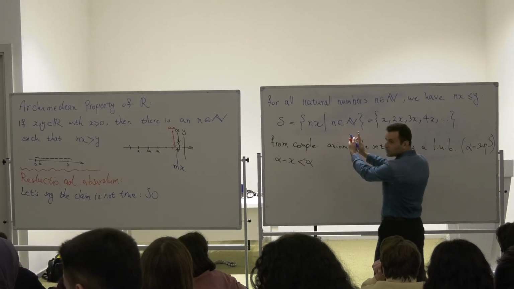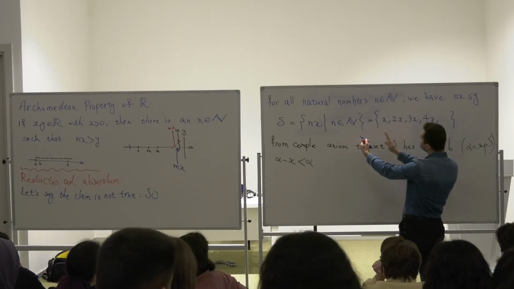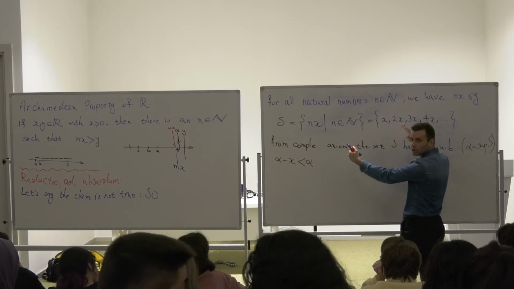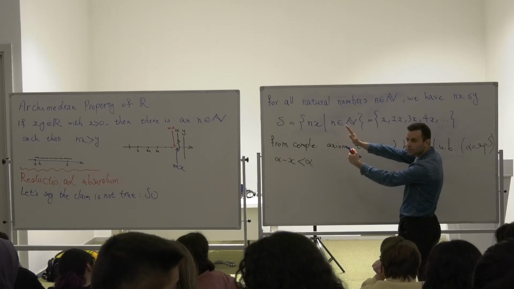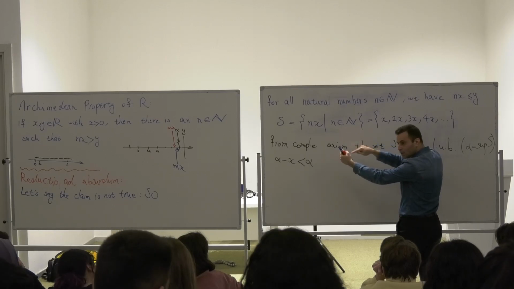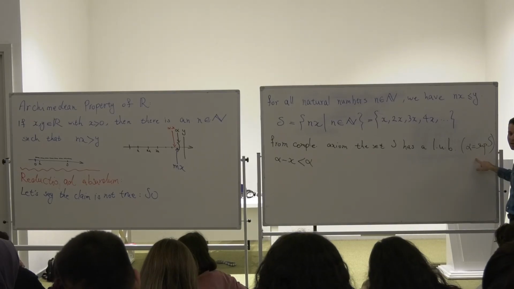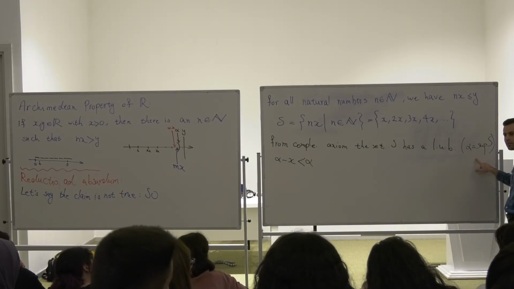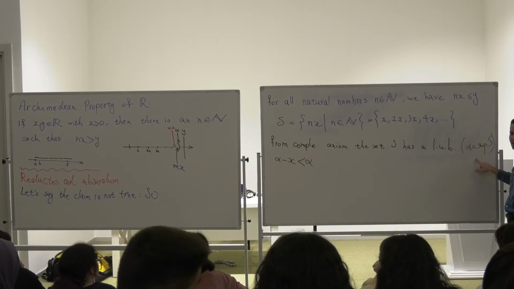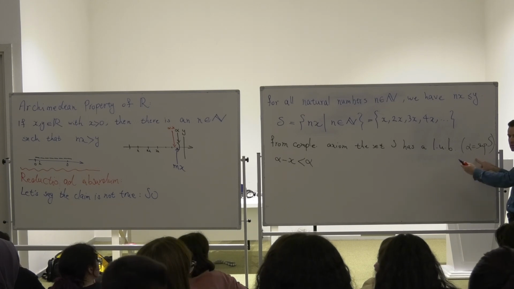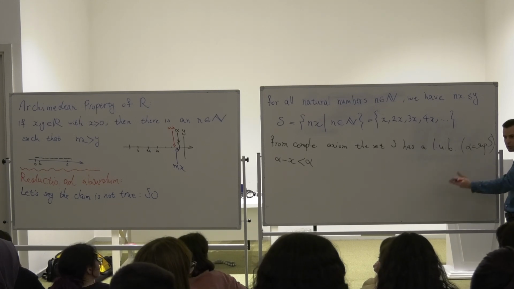If after alpha minus x there is no element of this subset, then all of these members are going to be less than alpha minus x, right? But alpha minus x is smaller than the least upper bound of this set. How can this be? Since alpha was the smallest upper bound, this should not be true.